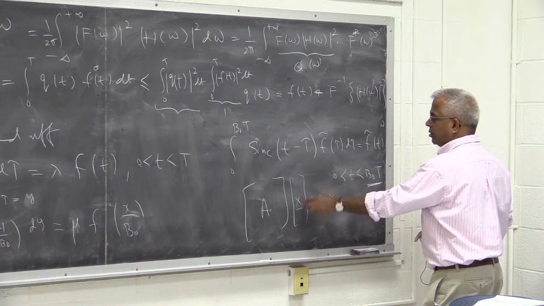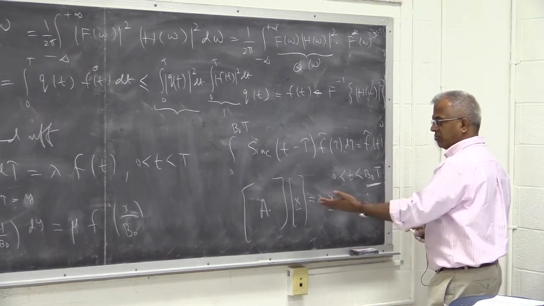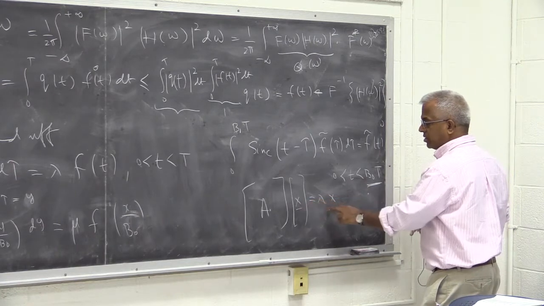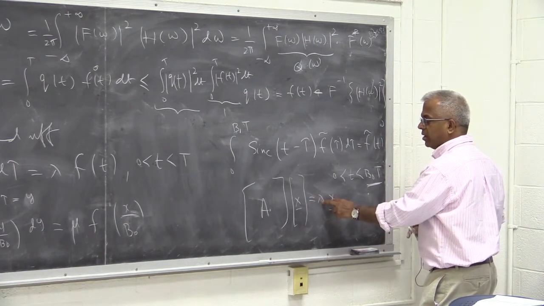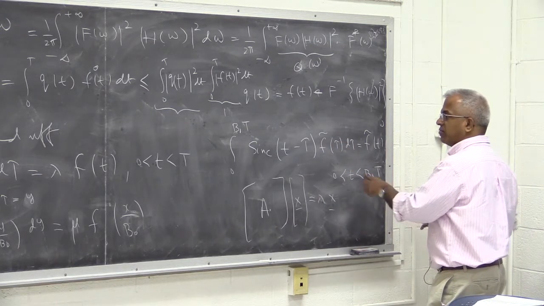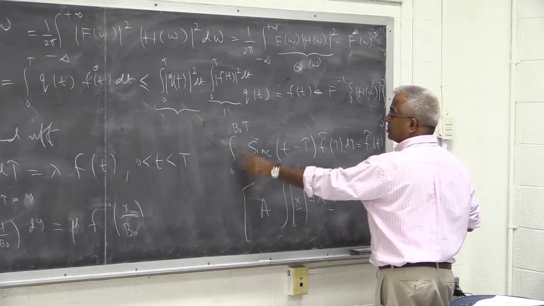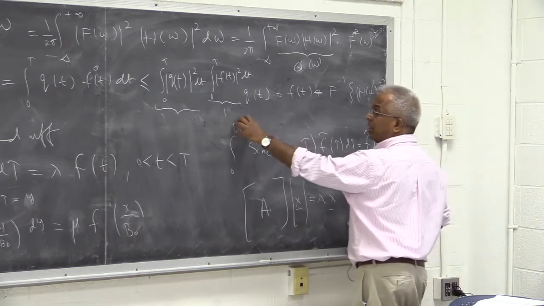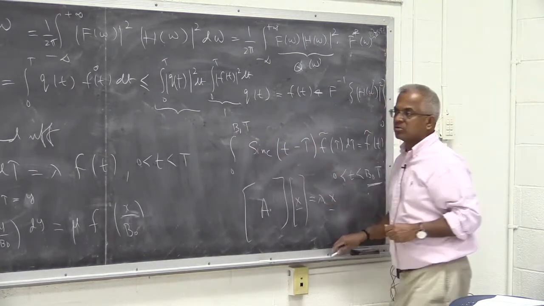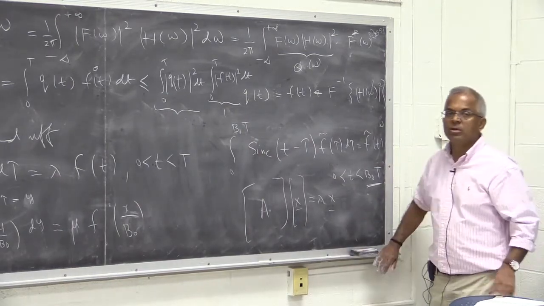And so the x will turn out to be the solution you're looking for, and you want to maximize it. That means you want to choose the solution corresponding to the largest eigenvalue. And these are going to be the prolate spheroidal functions. But the interesting thing is, this only depends on the time bandwidth product, T and B naught. So given T and B naught, we can solve, and the solution is going to be unique.